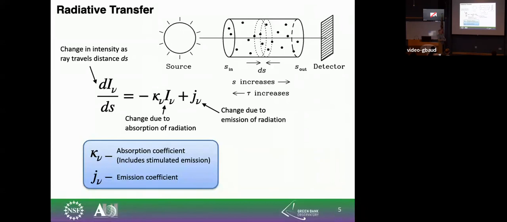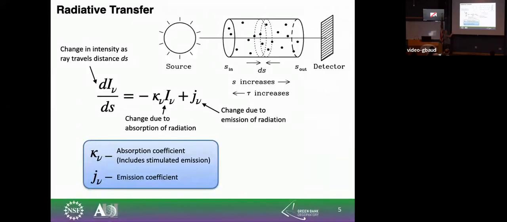There's spontaneous emission: molecules will just change energy state and emit a photon. And then, of course, there's absorption. Your photon's happily traveling through space, hits a molecule, and that molecule absorbs the photon and jumps up in energy. Those 3 processes are generally captured by a partition function.